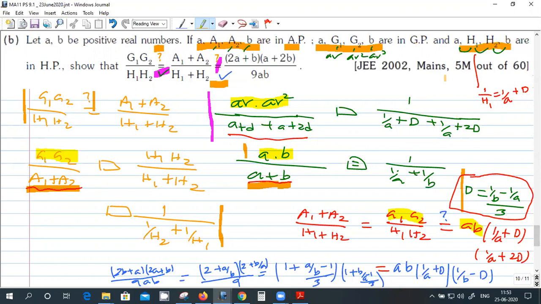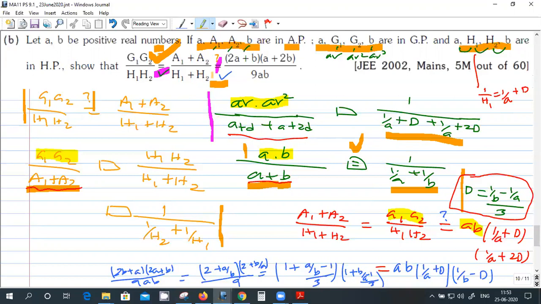Because there are 3 steps to go from 1 by A to 1 by B. So again, this can be written as 1 by A plus 1 by B, and this thing is obviously true. So that means this thing is true. This is what I did last time.